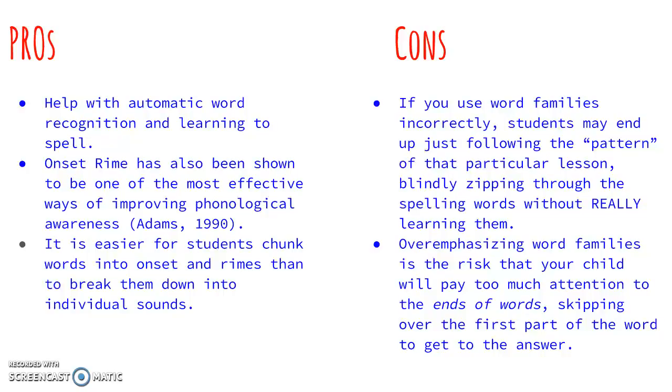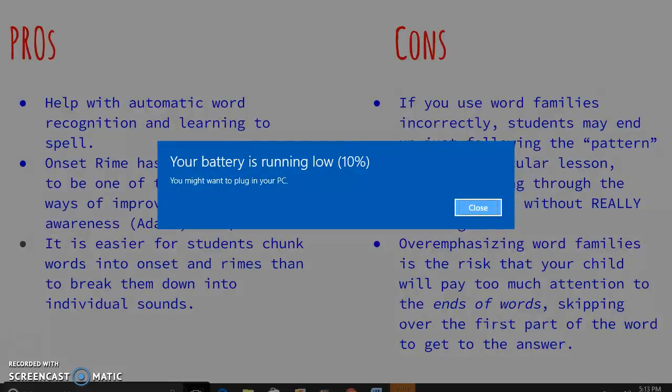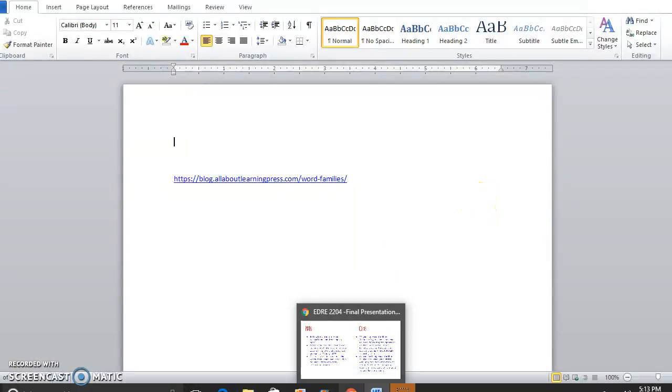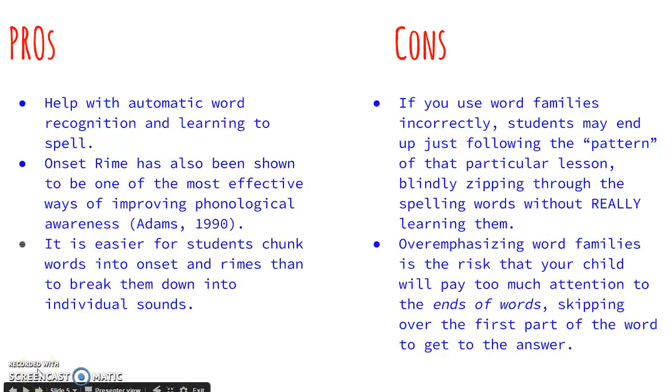So, like I was saying earlier, they'll see that "at" at the end of cat and know the ending. So they'll know the ending is "at," and instead of sounding out each individual letter, they'll know "at" and then the beginning letter, cat.